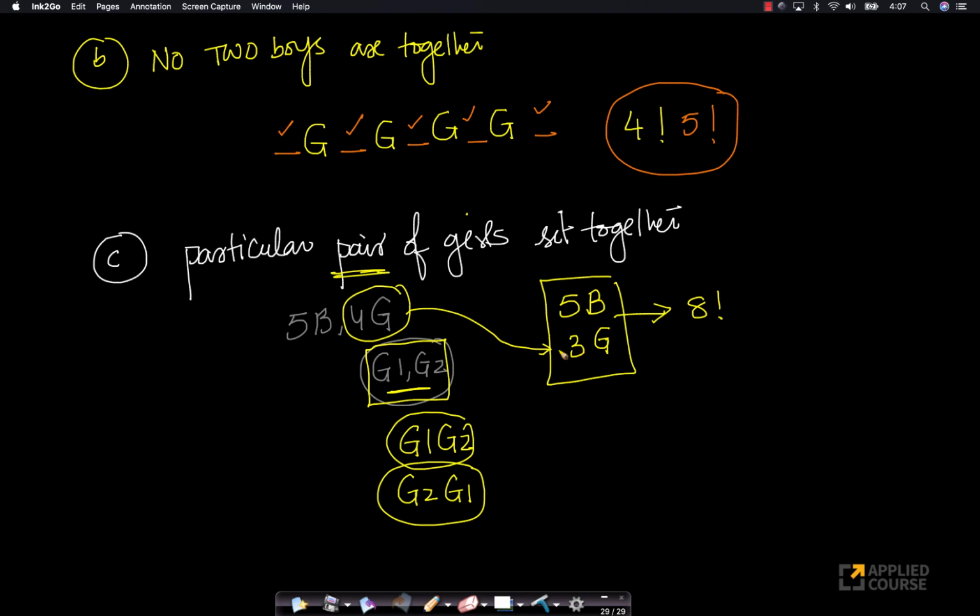Between these 2 girls, I had 2 possibilities: G1 could sit before G2 or G2 could sit before G1. So this gets multiplied by 2. The number of ways in which a particular pair of girls always sit together is 2 into 8 factorial. And look at how simply we are deriving all of these things.